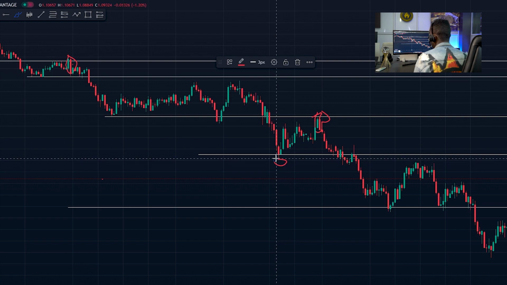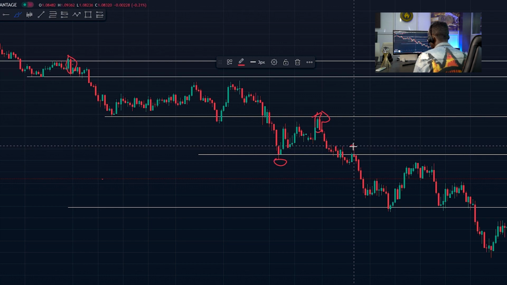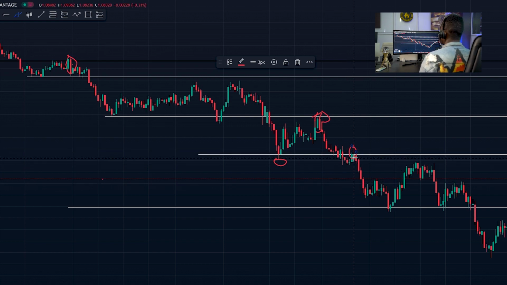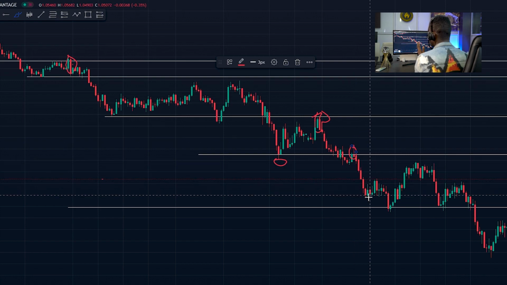Here is another turning point. Now, the market came here and gave a shooting star candlestick pattern. And what happened after that? The market sold.